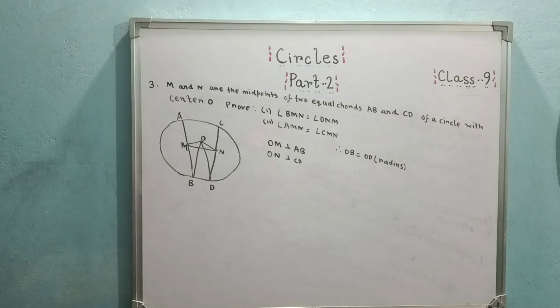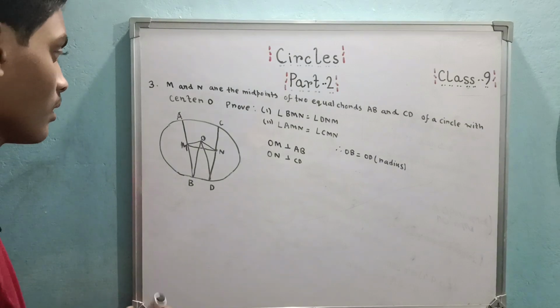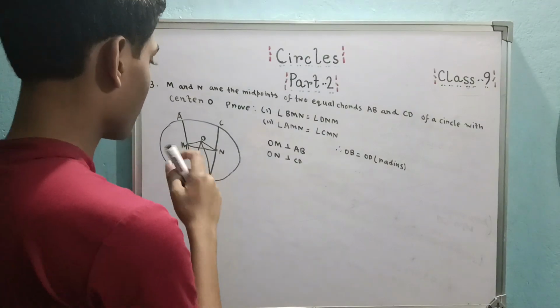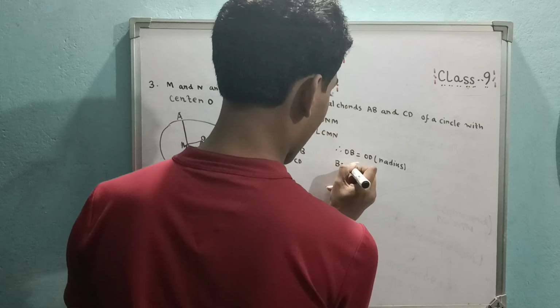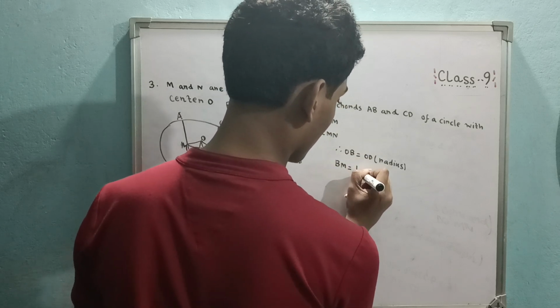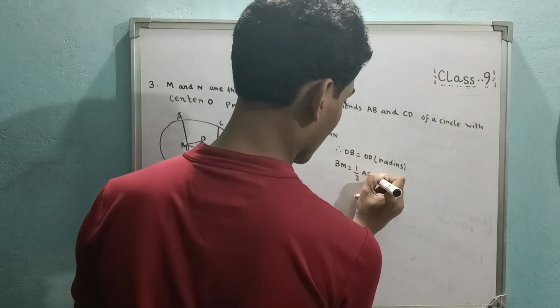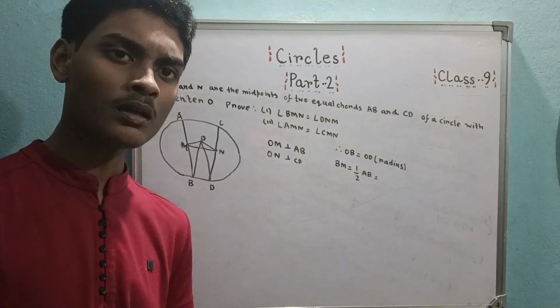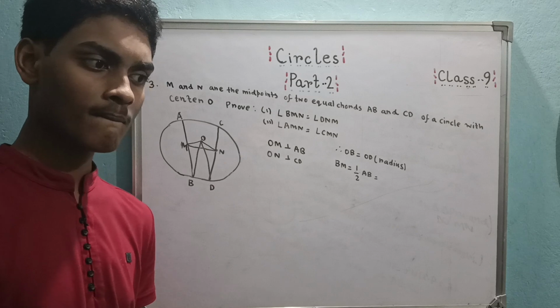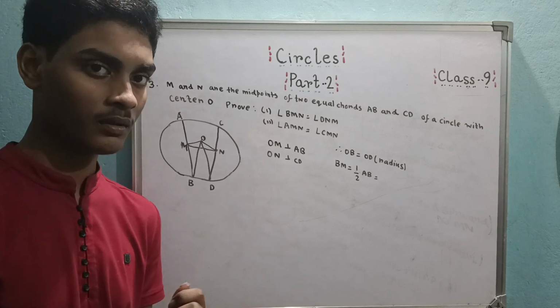Now, here comes a very nice statement. See this. BM equal to half of AB. So BM is half of AB actually. Now half of AB is equal to half of CD because AB and CD are equal. So if I divide AB by 2, suppose it is 15, then CD is also 15. CD by 2 will also be 15, right?